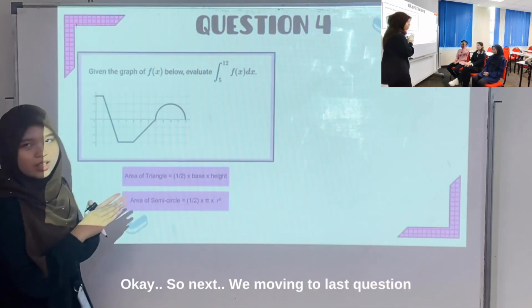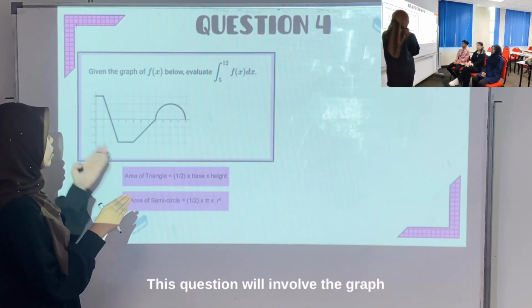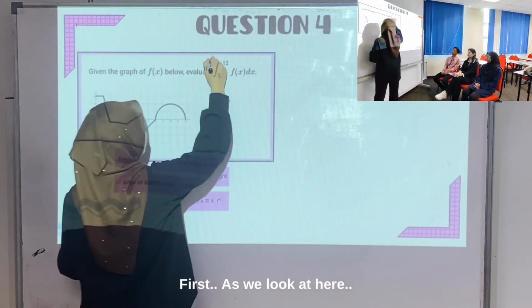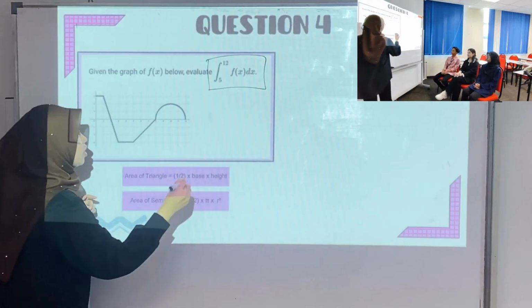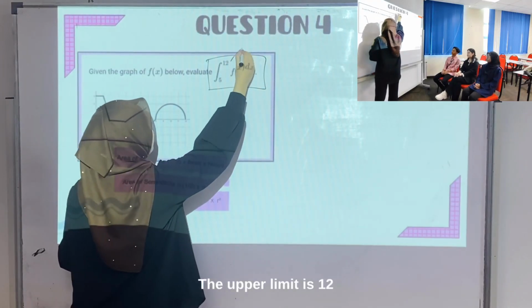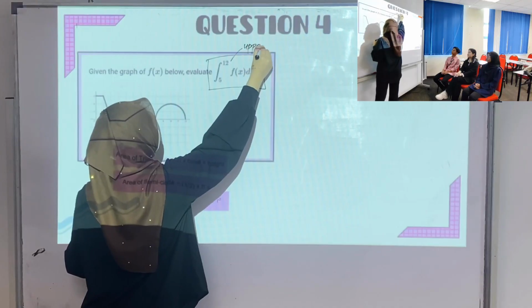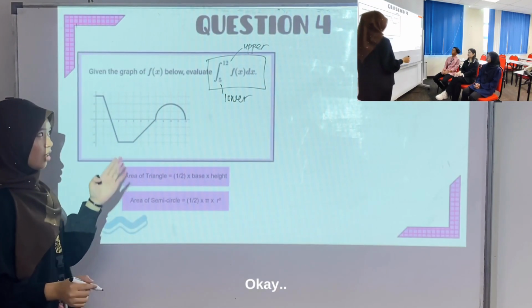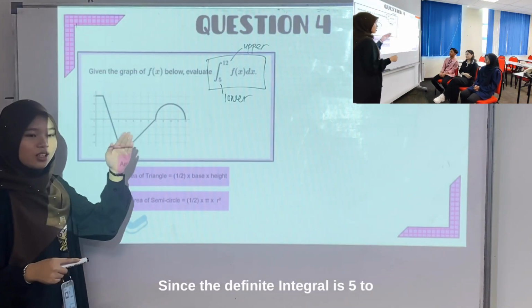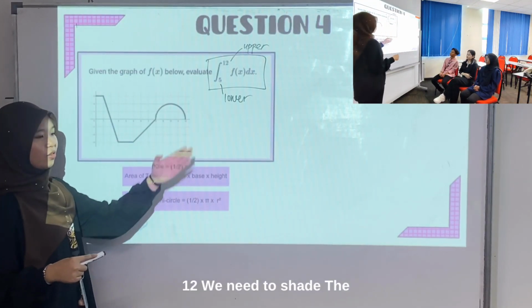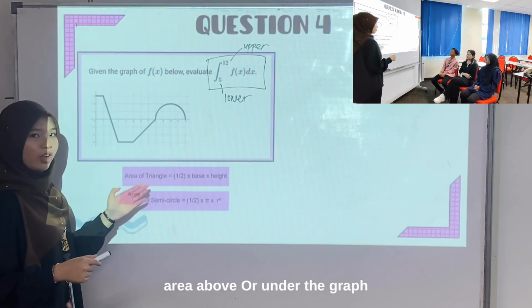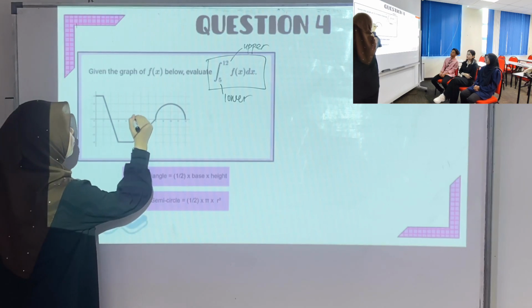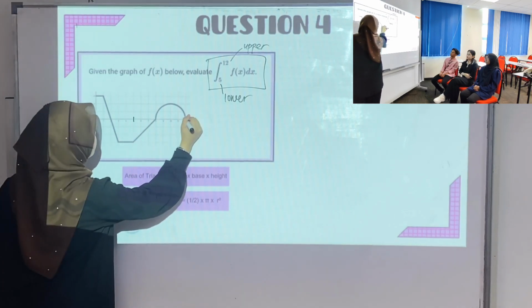Okay, so next we're moving to the last question. This question will involve the graph questions. First, as we look at here, the upper limit is 12 and the lower limit is 5. Okay. Since the definite integral is 5 to 12, we need to shade the area above or under the graph, like x equal to 5 and x equal to 12.